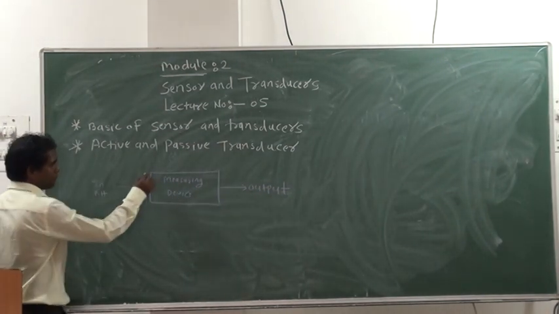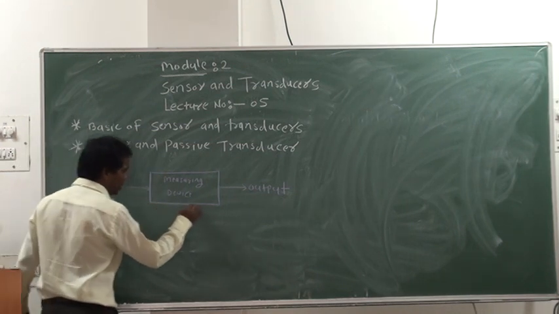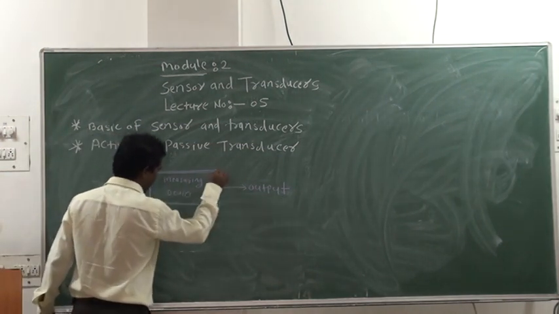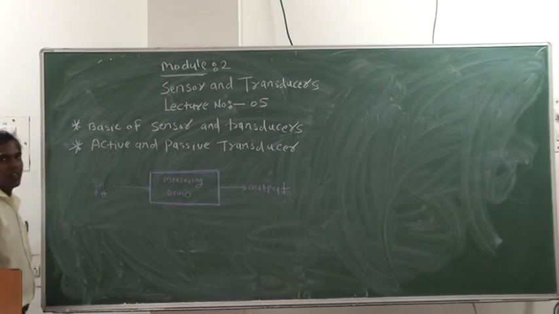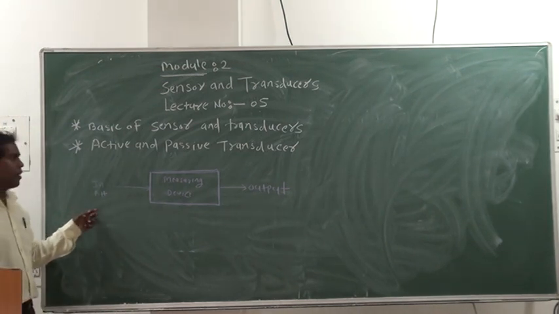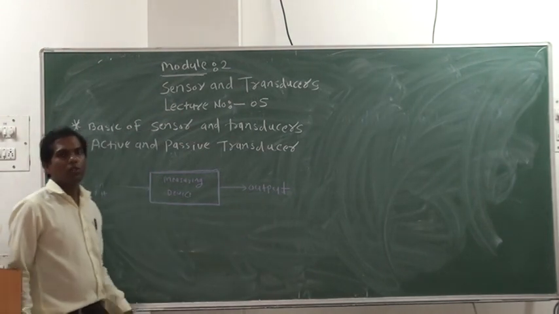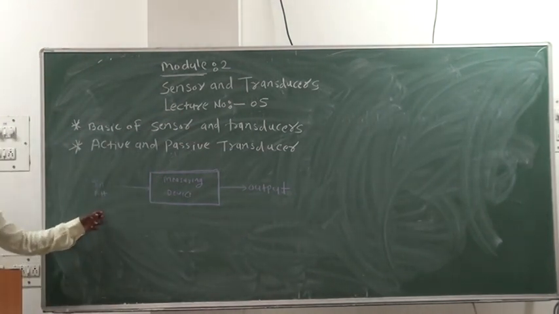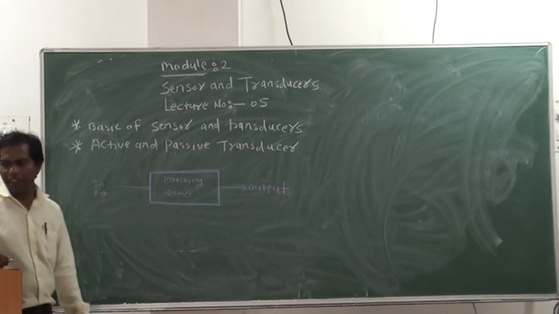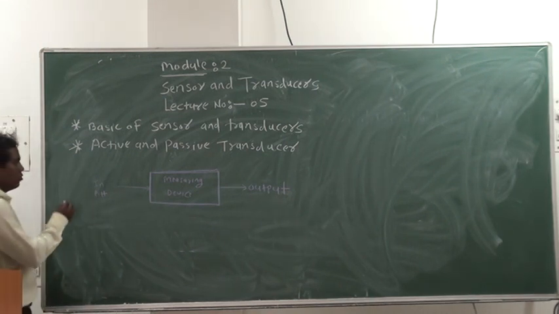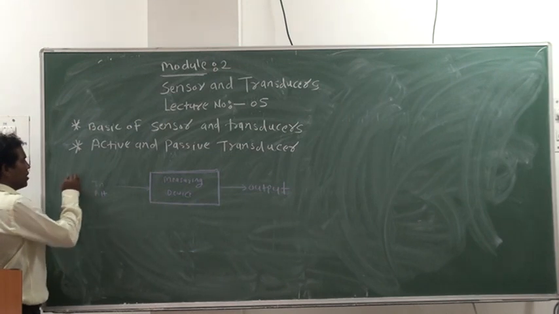Here you can see a block diagram of a general measuring system which consists of input, measuring device and output. So what is input? Input is nothing but your measured quantity.